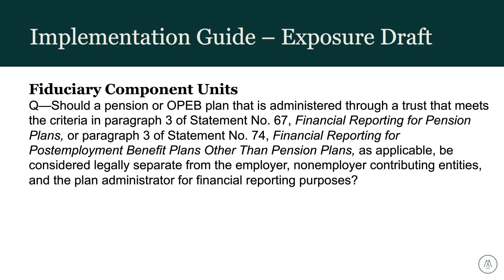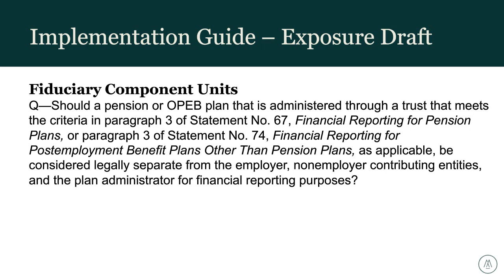So I just want to go through a handful of the questions here that cover some of the topics we've discussed so far. The first one is, should a pension or OPEB plan that is administered through a trust meeting the criteria in GASB 67 or GASB 74 be considered legally separate from the employer, non-employer contributing entities, and the plan administrator for financial reporting purposes?